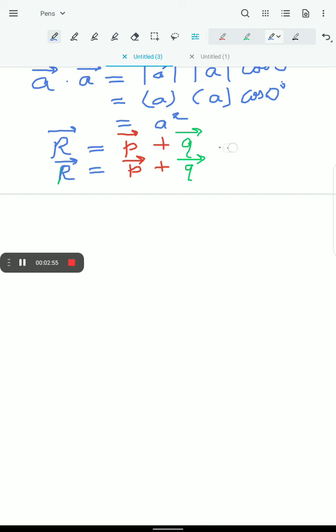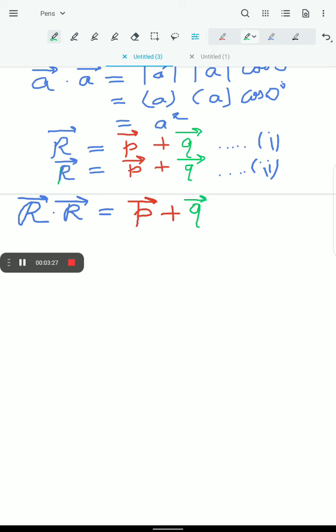So we have equation 1, R equal to P plus Q, and also equation 2, R equal to P plus Q. Let's take the dot product to get R dot R equal to P plus Q dot P plus Q.